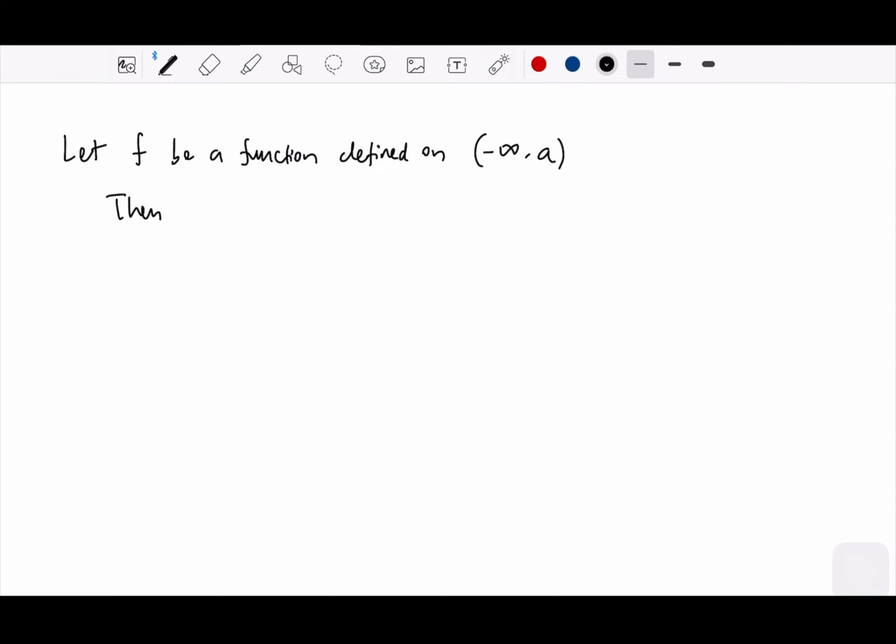Then we say the limit as x approaches negative infinity, we are now going to the left, negatively large for x, but we have still the same definition.